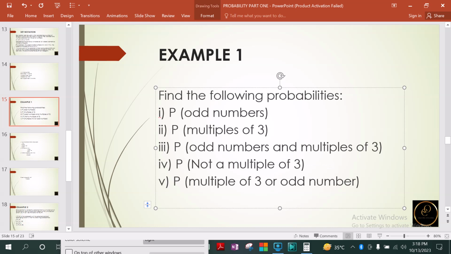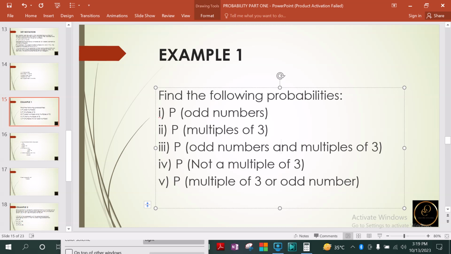Just like where it says and, this is an intersection, and we multiply the probabilities. Whenever the mathematical statement has an event followed by another event, meaning that event and another event, you multiply the probabilities. In this case, you have or, meaning a certain event or another event, so you add the probabilities.